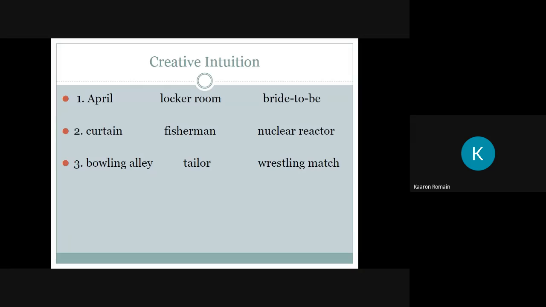The first one, shower, the word shower could be... Shower?